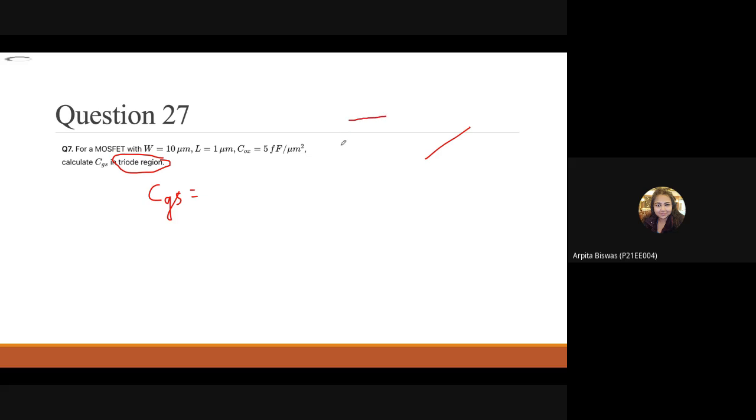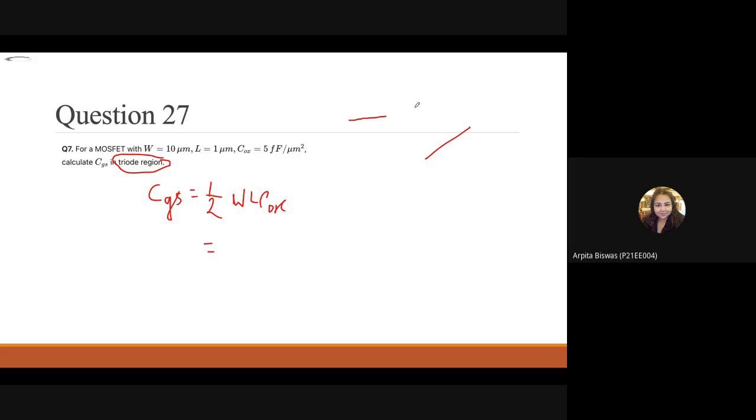In saturation it is 2 by 3, and in triad or linear region, CGS value is half of W into L into COX. Okay, so tell me the value. You have to find out which region. If it is in saturation, then it is 2 by 3.